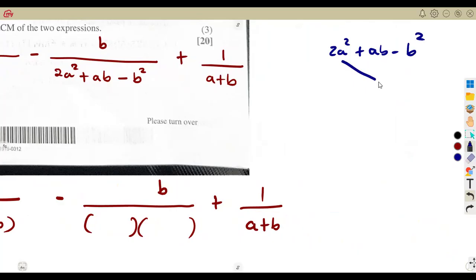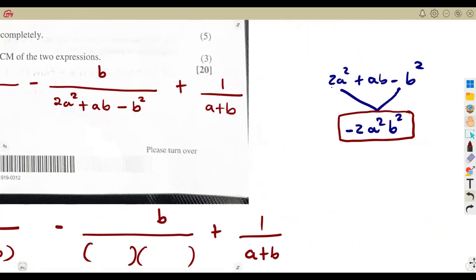Remember, first term to the last term: 2a squared times minus b. Remember, there's a negative there, so it's minus 2a squared b squared. We need two terms. When you multiply them, they are supposed to give you this minus 2a squared b squared. So we expect something like minus 2ab and ab, because it's supposed to give us a negative.